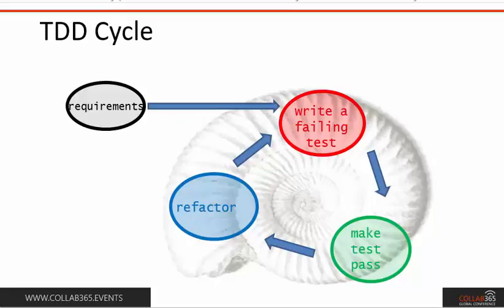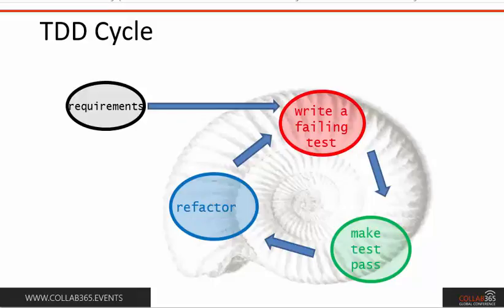So we'll go around this loop, and this is the smallest cycle in the whole of the agile process, so this has to flip around very fast, and that's the reason why tests have to run fast, of the order of a few seconds. So over time, as we do all this, gradually the design of our code will emerge, and it will be good code, because at each step as we go around we do this refactoring.